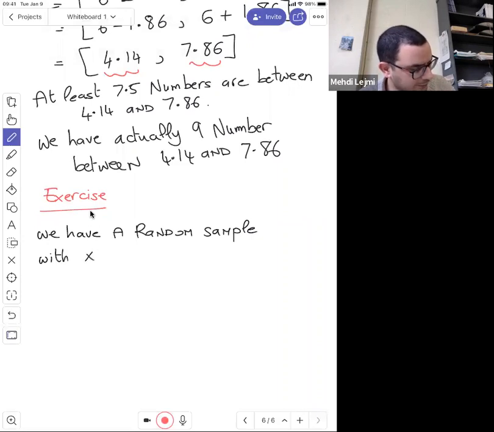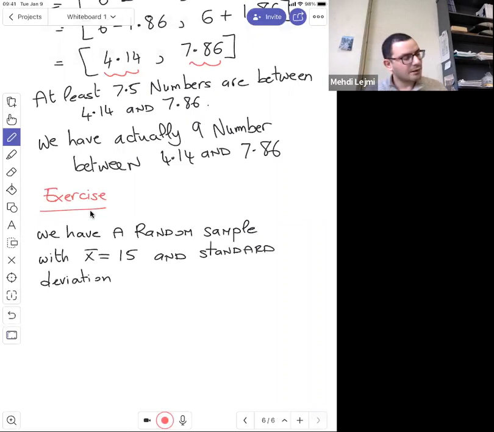with X bar. I'm going to suppose that X bar is equal to 15, okay? And standard deviation S equal to, for example, let's take 1.5.